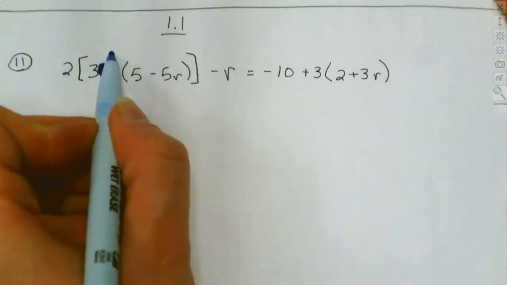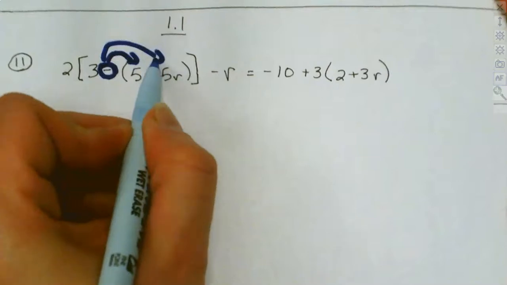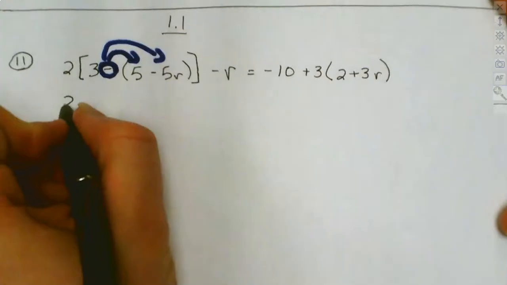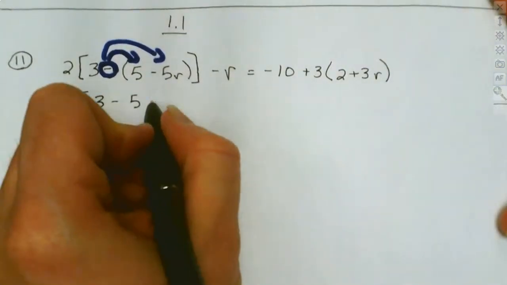We'll do the innermost parentheses first. And that negative in front, that is going to get distributed through. And when we distribute through a negative, all that does is change the signs.